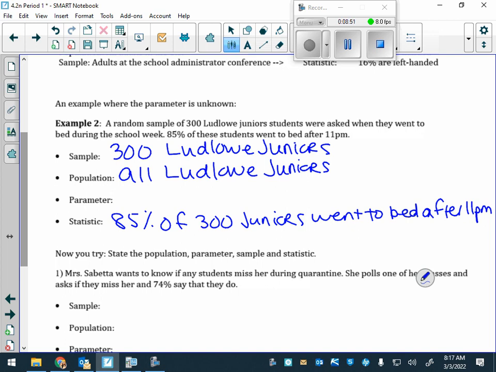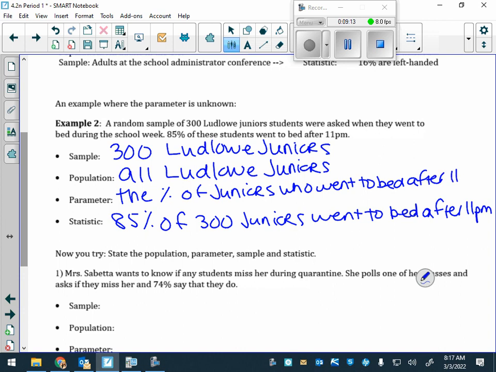Now, the parameter is literally not given. However, the wording is going to be the same, okay? So the percent of juniors who went to bed after 11.